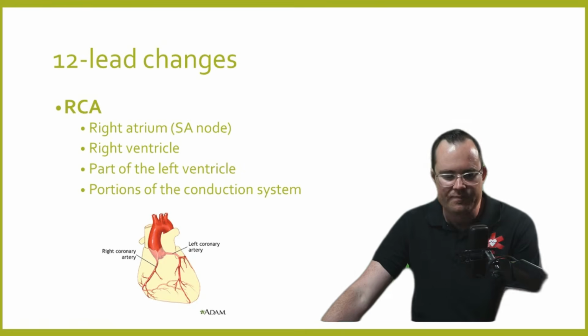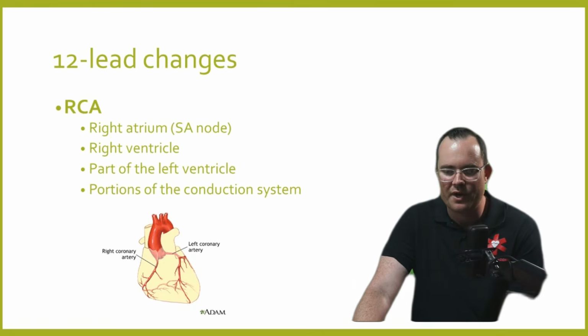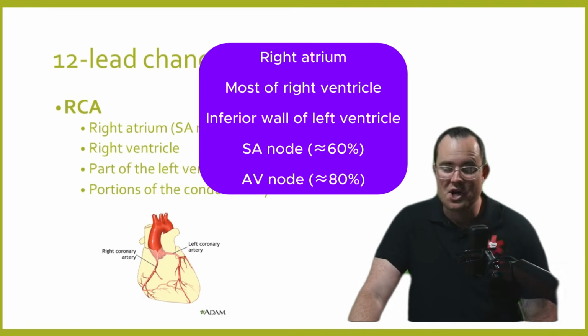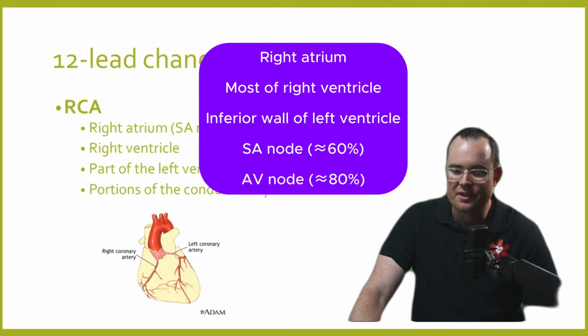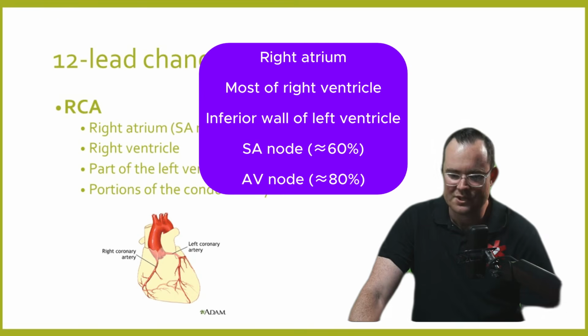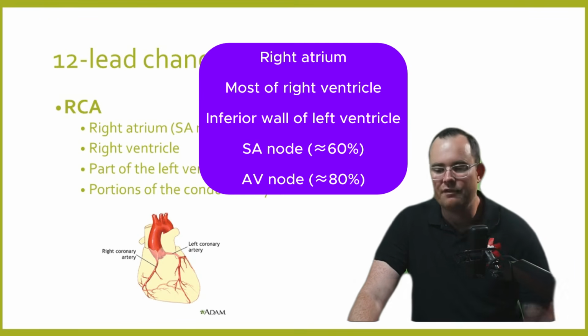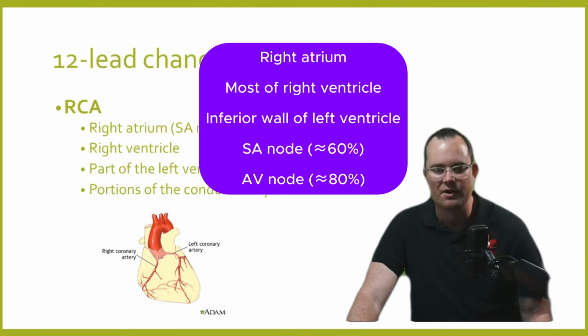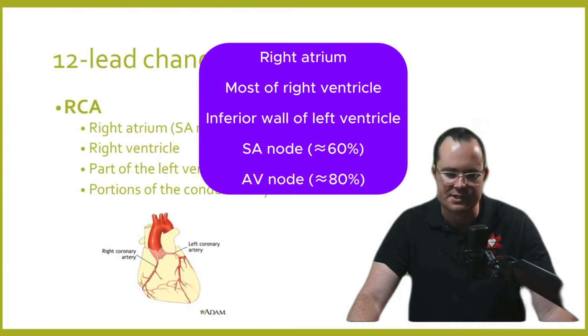Right coronary artery, which on this diagram is that one over here on the left side of your screen. The right coronary artery supplies the right atrium, shocking, right ventricle, part of the left ventricle, okay, which you see wraps a little bit around the heart at the bottom, and portions of the conduction system. And that's it. Right atrium, right ventricle, part of the left ventricle, and conduction system.